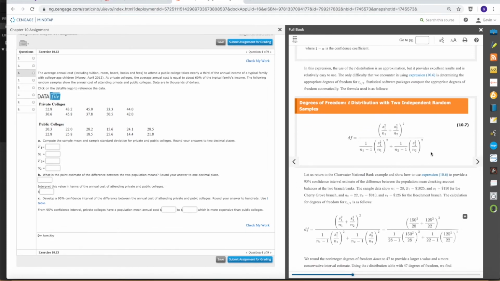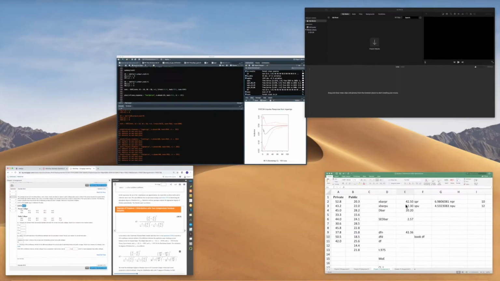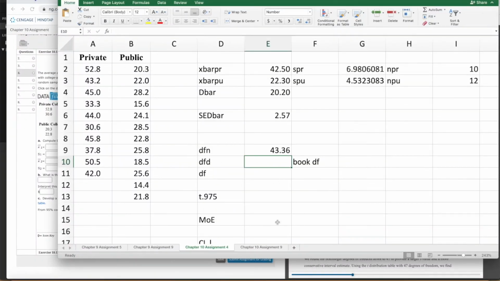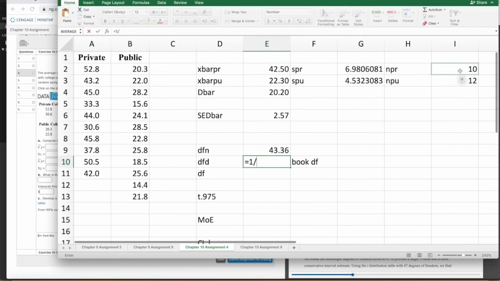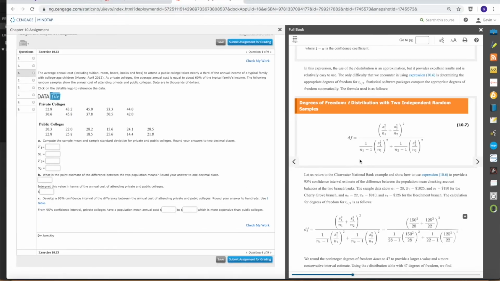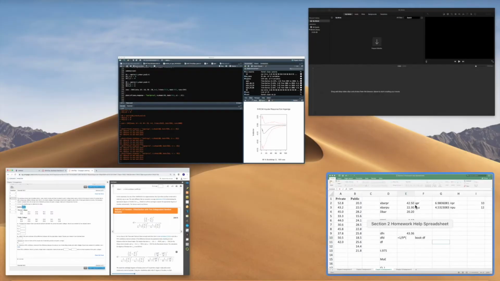So we have this part, right? The bottom of this fraction is the denominator for the degrees of freedom calculation. So that first part says 1 over n1 minus 1. So that's going to equal 1 divided by this number minus 1. I'm just going to type 9 so I don't have to go overkill on the parentheses for this one. 1 over 9, that's 1 over n1 minus 1. s1 squared over n1.